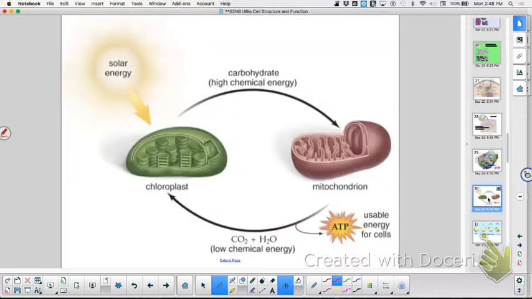Okay? These two are connected. Why? What do both of these organelles have? They have their own what? DNA. Remember, and it's in a shape like a circle, like prokaryotic cells. What else do they have? Their own ribosomes. They have a double membrane.